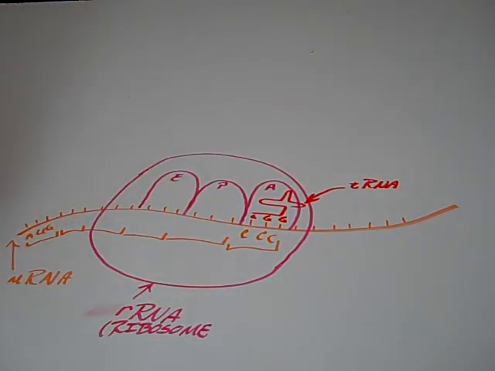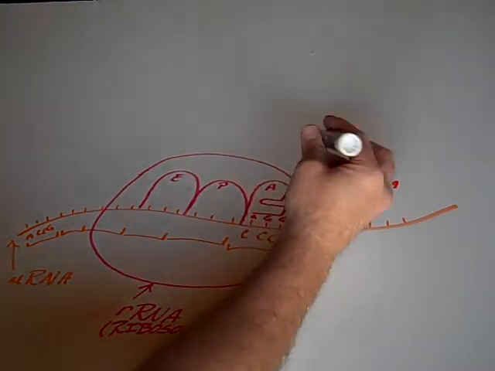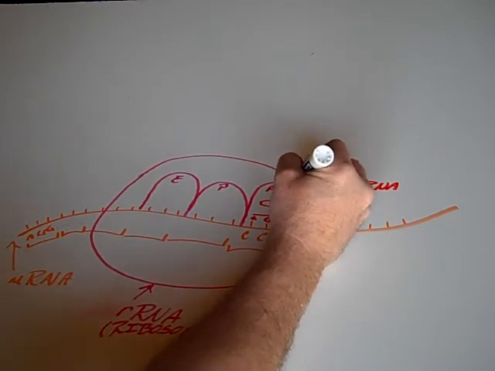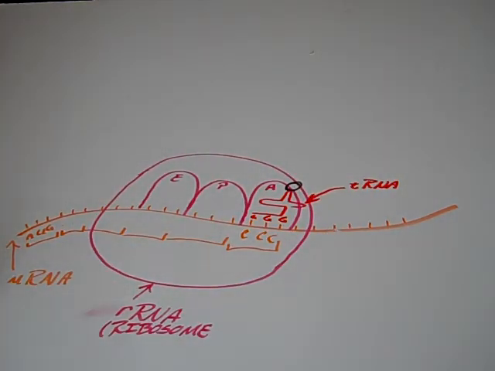And the amino acid that it's carrying in this case, you could look up on the amino acid chart, but each one that comes in this site is carrying one amino acid.